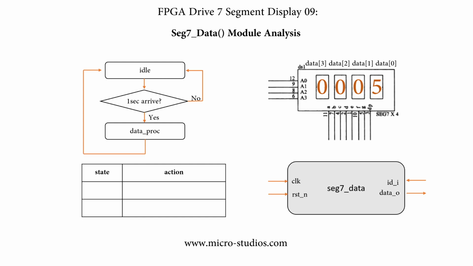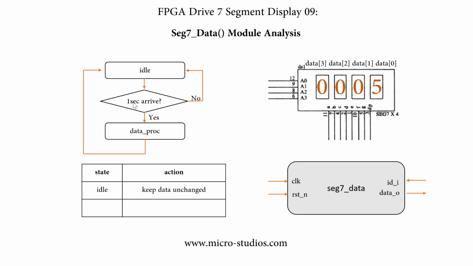Okay, then let's take a look at the state table. This is the state table, and let's see what kind of action we need to do in each state. So the first one is idle. In the idle state, because we are designing one stopwatch, we just keep the data unchanged.